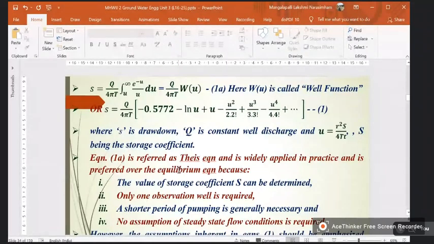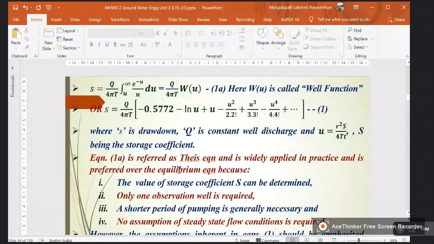Only one observation well is sufficient in this case, whereas in the case of the equilibrium equation, that is the steady state case, we require at least two observation wells for determining the values of S and T. That is the difference between the equilibrium equation and the Theis equation.